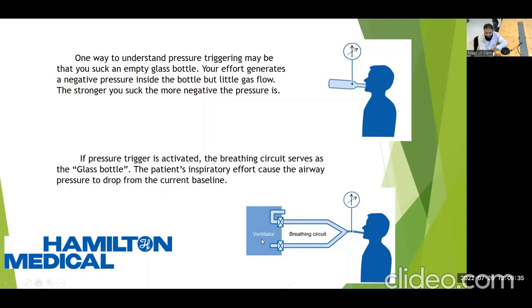Let's consider that this is a ventilator, this is a breathing circuit, this is an ETT tube, and this is a patient. This is an inspiratory port, and this is an expiratory port. So if pressure trigger is active, the breathing circuit serves as a glass bottle. The patient's inspiratory effort causes the airway pressure to drop from the current baseline.